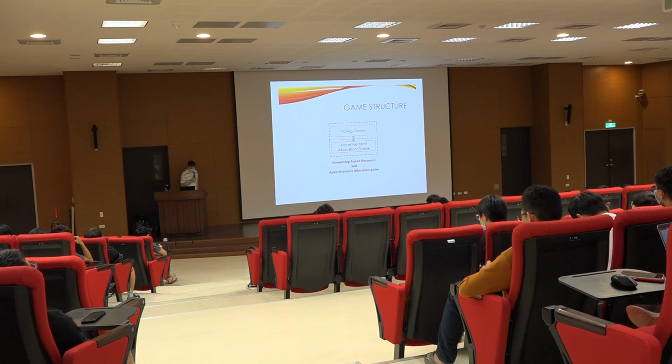So for this game structure, we see the first game is actually a voting game. Voting because, say, I'm watching which TV program now? Is it ABC, NBC, MSN, Fox? It's like voting, just like that. And then the advertisement allocation game, saying which advertisers want to bid for which slot based on how much they have and how much they value each user.